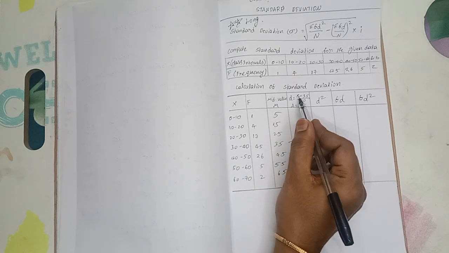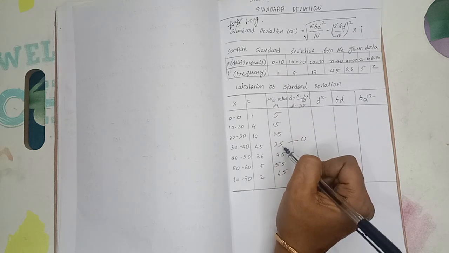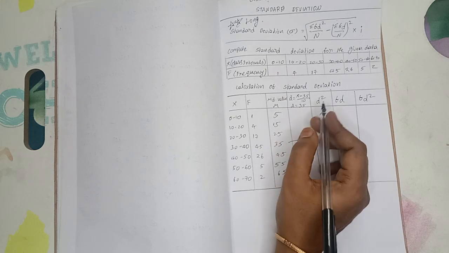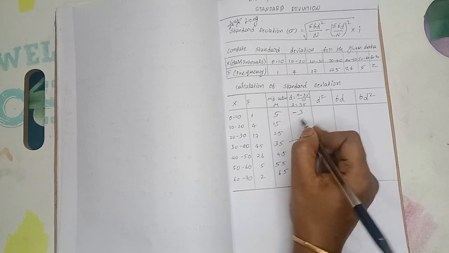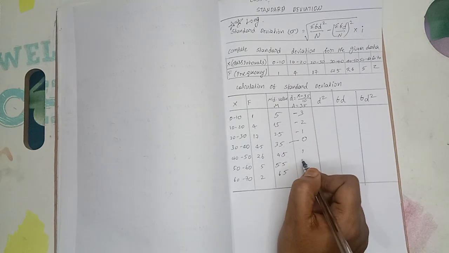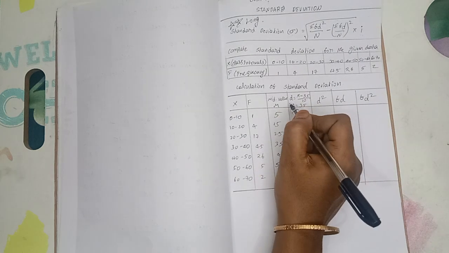And what is this? X minus 35, divided by 10. That means 5 minus 35 is minus 30, divided by 10 is minus 3. And then minus 2, minus 1, 0, plus 1, 2 and 3. This is nothing but d.